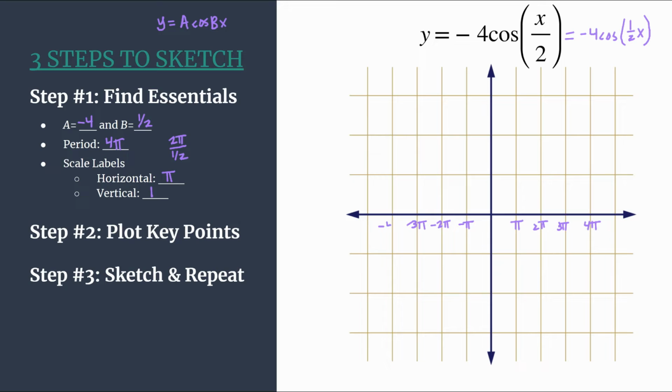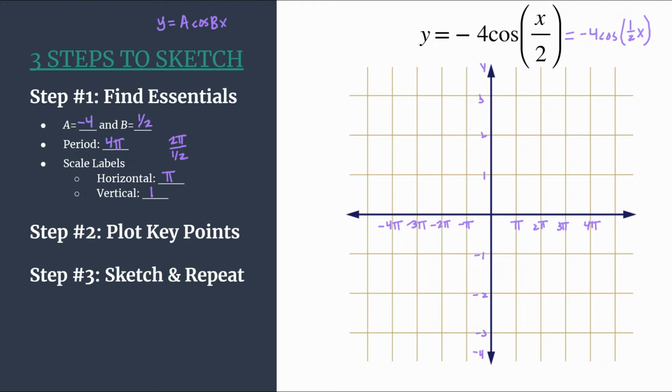All right, and then let's count by 1. So 1, 2, 3, 4 will be at the top of our grid here. -1, -2, -3, -4.